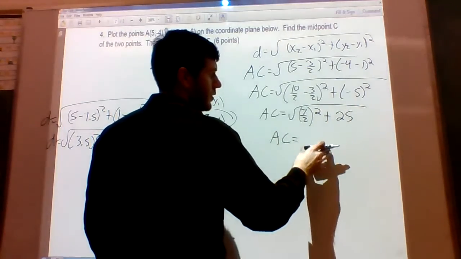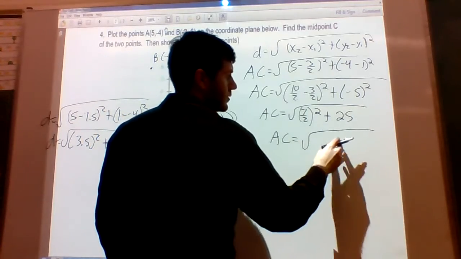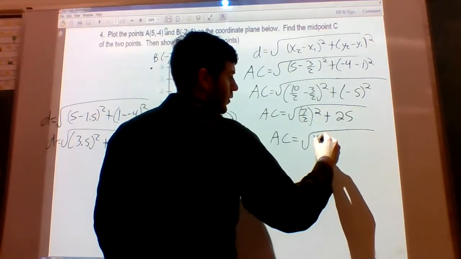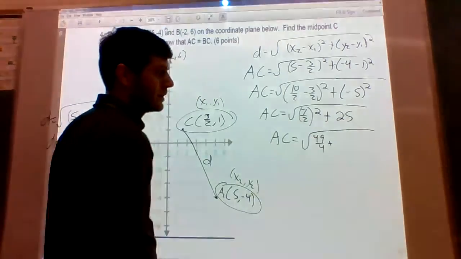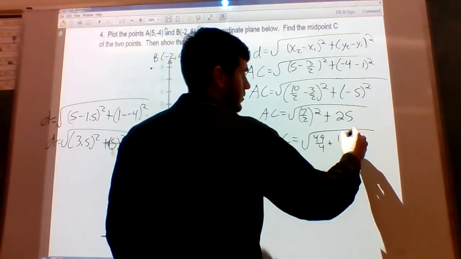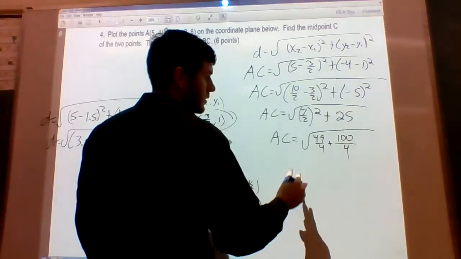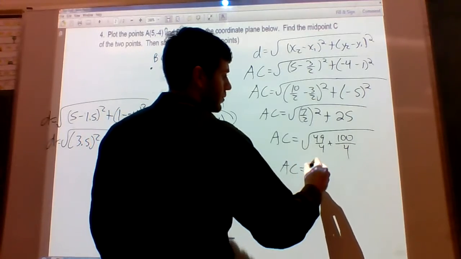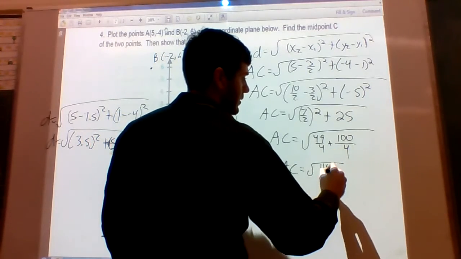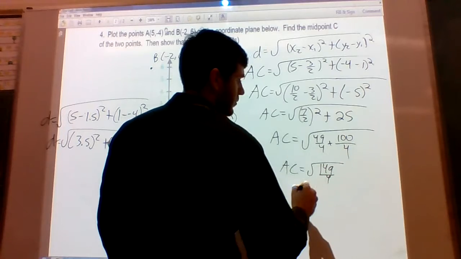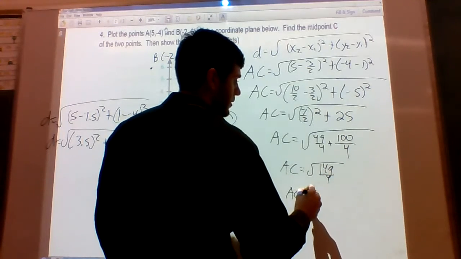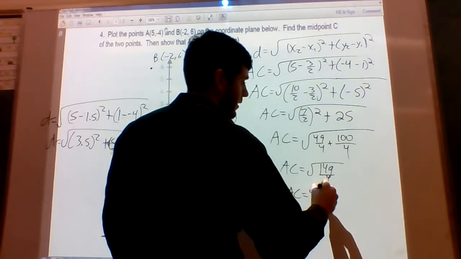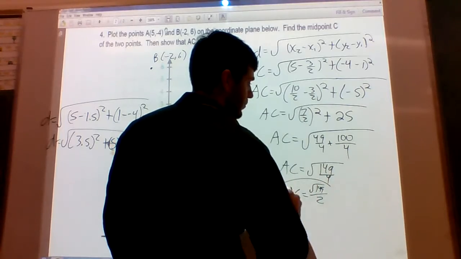AC is going to equal, so this becomes 49 over 4. We want to get a common denominator, so this is going to be 100 over 4. So AC is going to equal the square root of 149 over 4, which we can reduce to square root of 149 over 2.